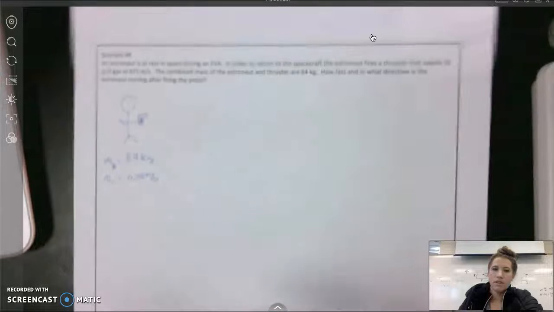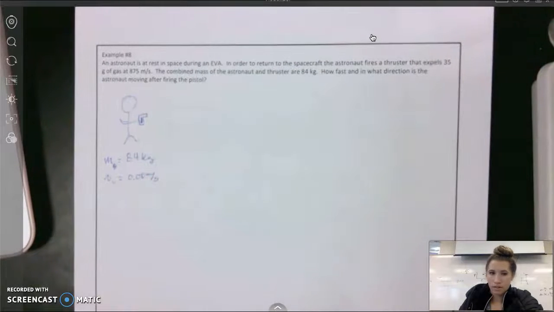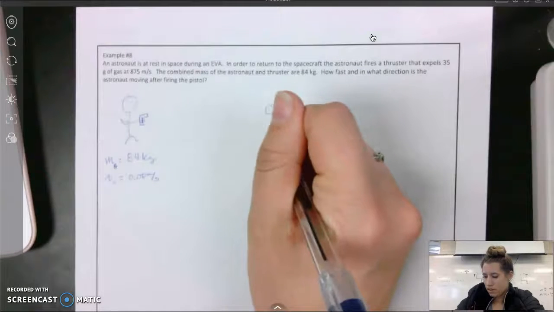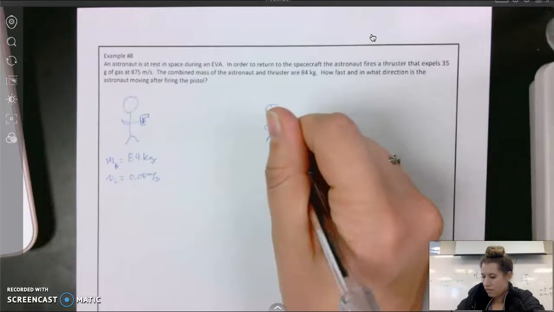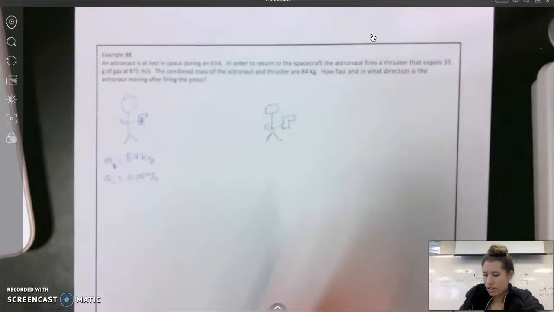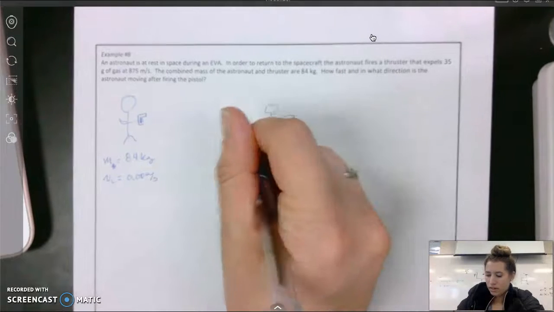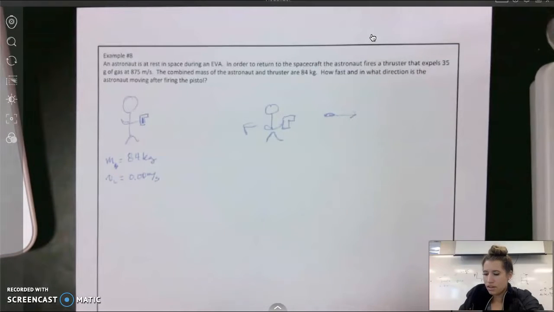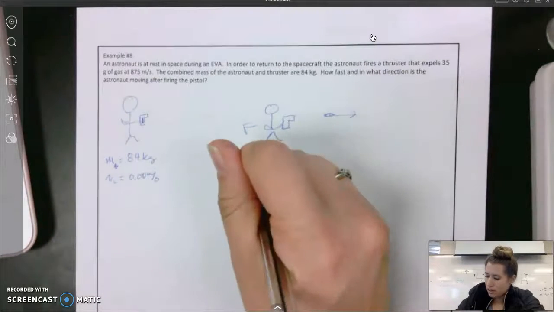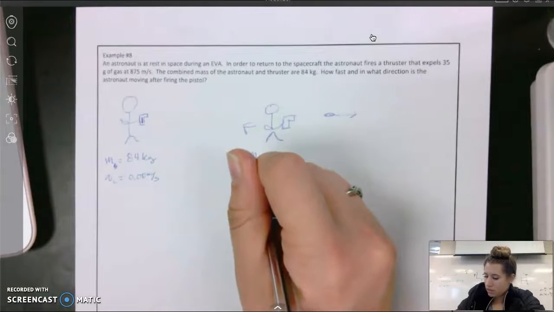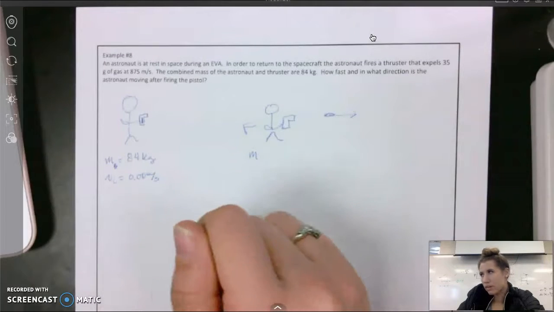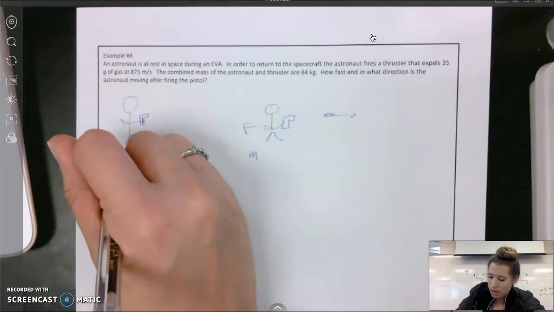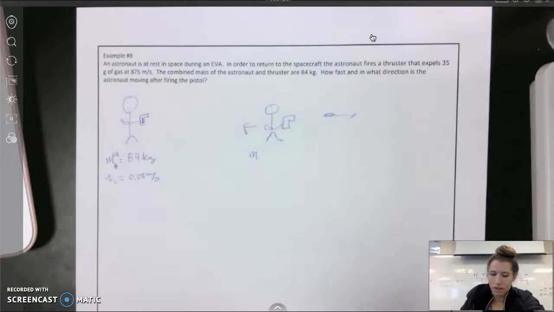Okay. Then the astronaut expels the gas, right? And so now we have our astronaut with the expelled gas. He's now traveling this way. The gas is traveling that way. And now the mass of this object, what are we going to call this? We'll call it, so this will be the mass of the astronaut and the gas, okay?